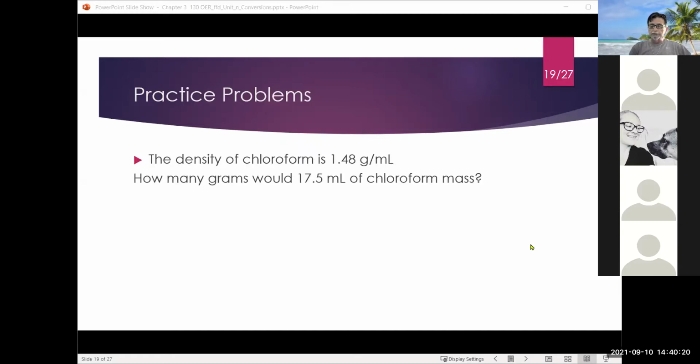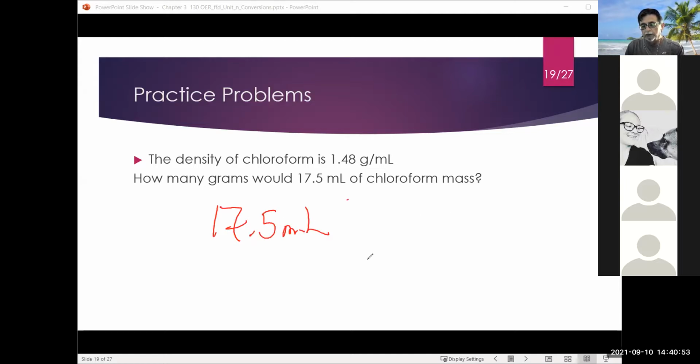All right, some other problems. Let's say, for example, we have the density of chloroform, same chemical we talked about earlier. It has a density of 1.48 grams per milliliter. The question is here, how many grams would 17.5 milliliters of chloroform mass? Now we do the process like we normally do. We write down what we're given: 17.5 milliliters of chloroform.